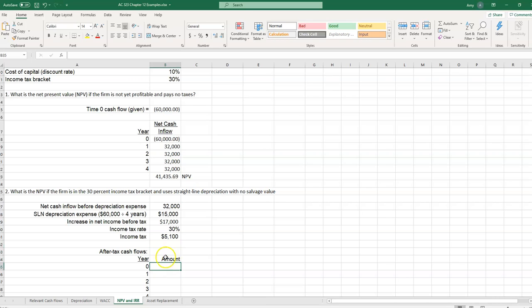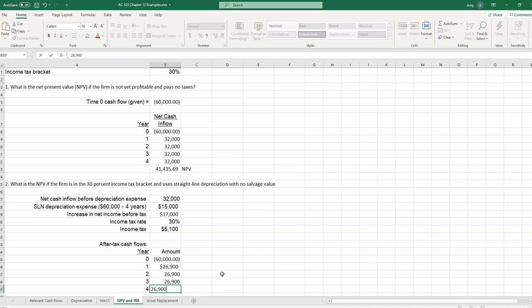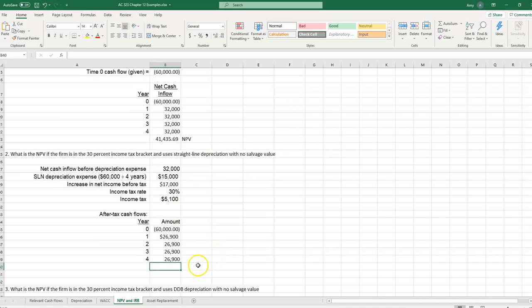We have our negative cash flow of $60,000. And now our cash flows are $32,000 minus that $5,100 income tax expense, or $26,900. And that's for every year. Then we'll calculate the net present value.